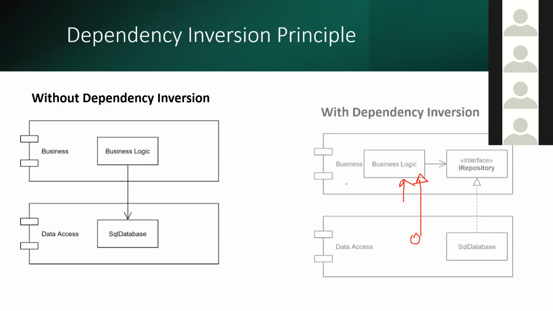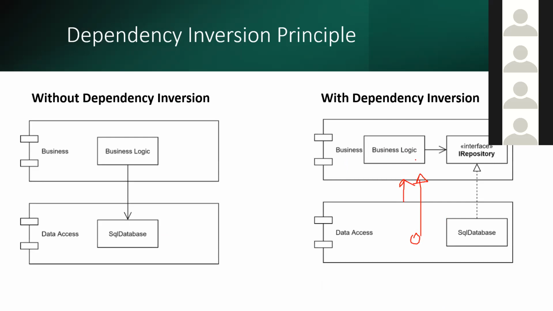During runtime, we know that this business logic needs to fetch data from your database. That means during the runtime, this module here is now pointing towards this module, or it's referencing this module. But the important thing is that so long as it's not dependent on it in source, it makes it easier and flexible to change and to switch things in and out.